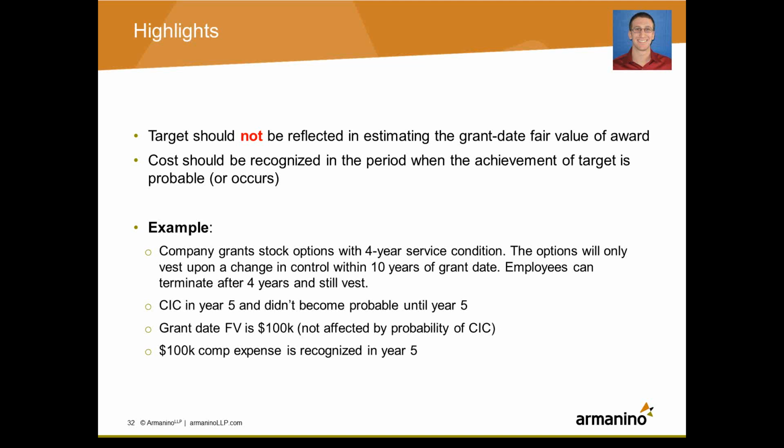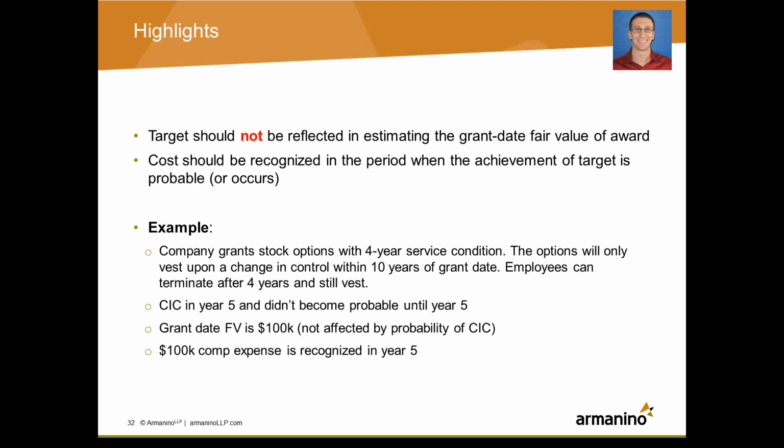A quick example: if a company grants awards and the options can vest upon a change of control anytime from now until 10 years out, but the employee terminates in between at year 4 and can still vest. If the change of control happens in year 5, that's when it becomes probable. The grant date fair value of $100,000 doesn't change because of the probability of the change of control.